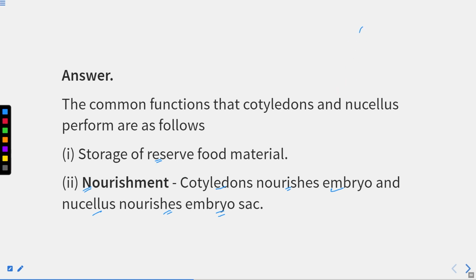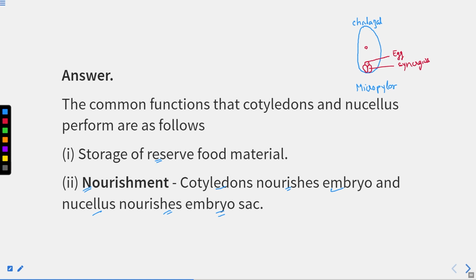So the embryo sac is like this. This is an embryo sac. This is the chalazal end. This is the micropylar end. At the micropylar end, what are present? 2 synergids and 1 egg cell. These 2 are synergids, and the upper one is the egg cell.